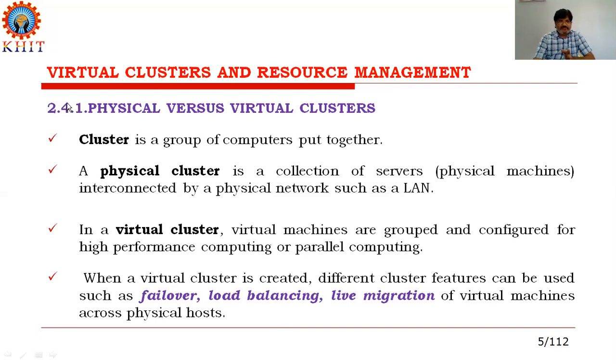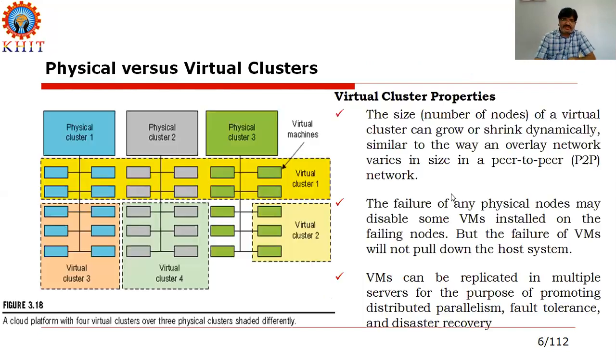So here we are comparing two different types of cluster. One is physical, another one is virtual. A physical cluster is nothing but an actual cluster, whereas a virtual cluster is not an actual cluster. Something is created newly, that is called a virtual cluster. Now here we can discuss a cloud platform with four virtual clusters, namely virtual cluster 1 in yellow color, virtual cluster 2 in light color, virtual cluster 3, virtual cluster 4.